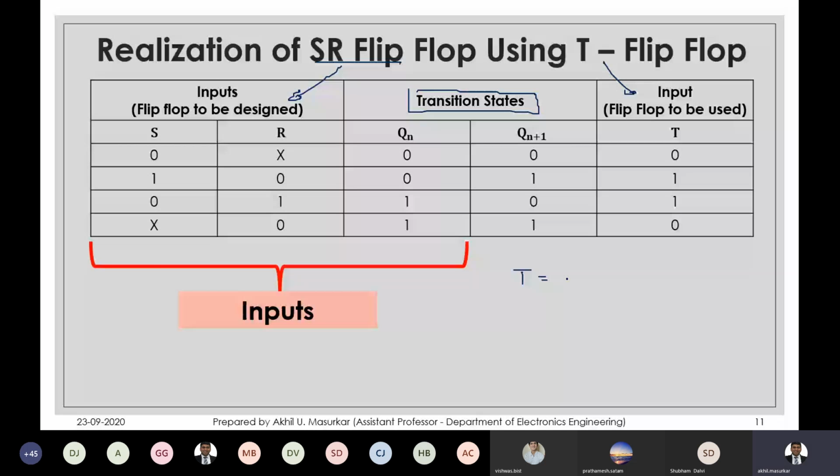So very simple, you have to solve only one K map and that will be an 8 cell K map. Why 8 cell? Because there are 3 variables and 2 raised to 3 is 8.